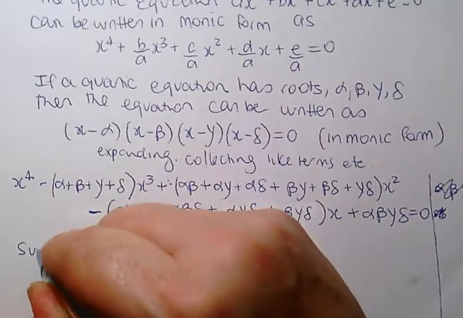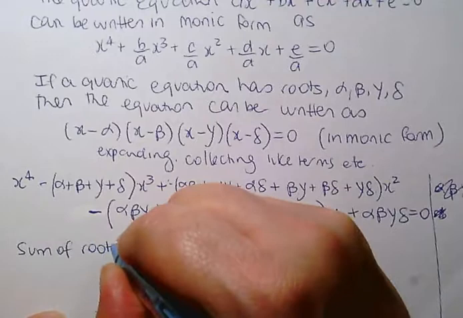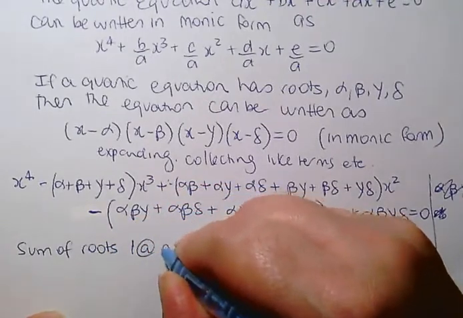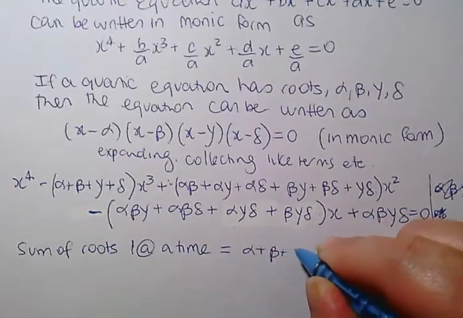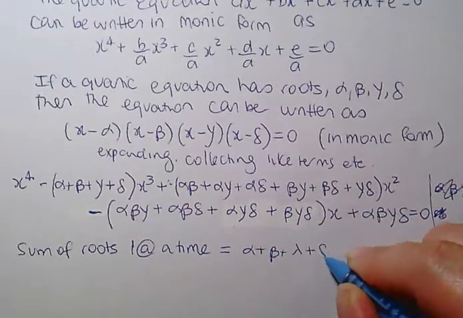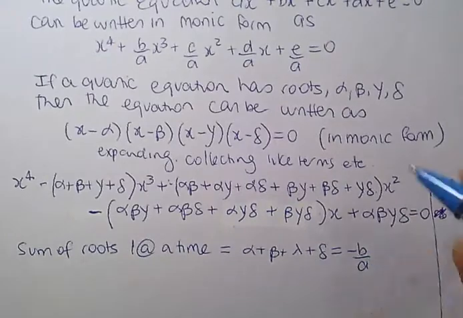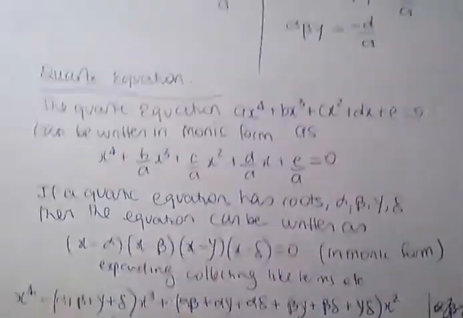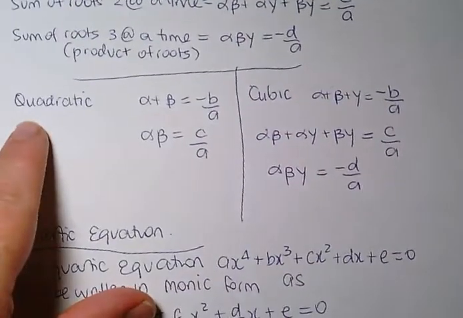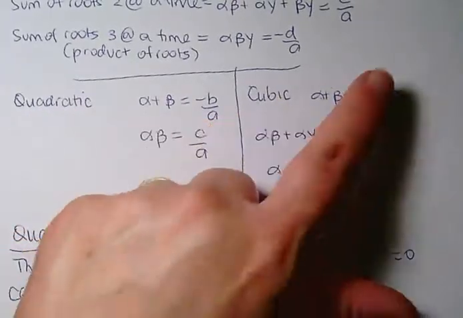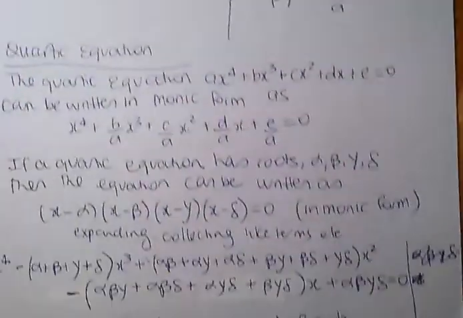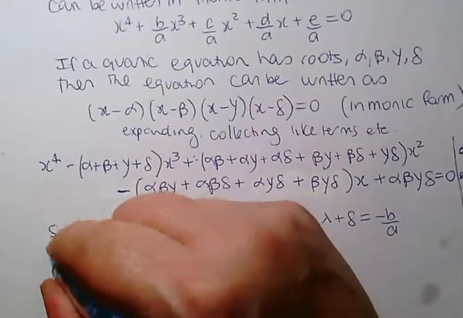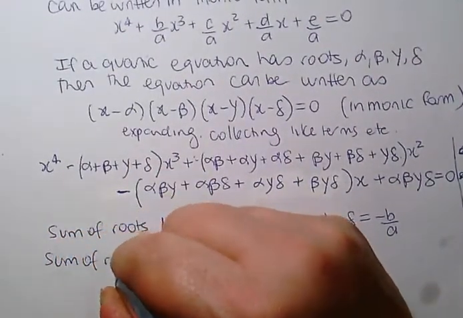That means that the sum of roots, 1 at a time, which is alpha plus beta plus gamma plus delta, is negative b on a. Now remember, in a cubic, sum of roots 1 at a time, and a quadratic, was also negative b on a, no matter whether there are 2 roots, 3 roots, or in this case 4 roots.